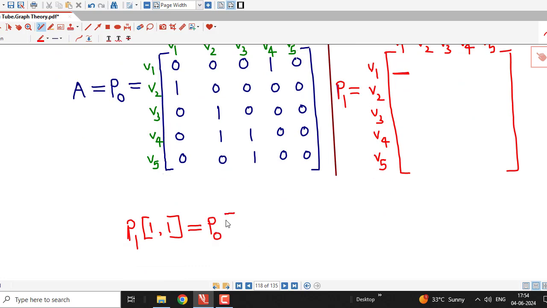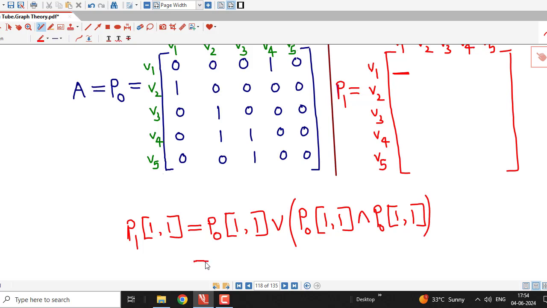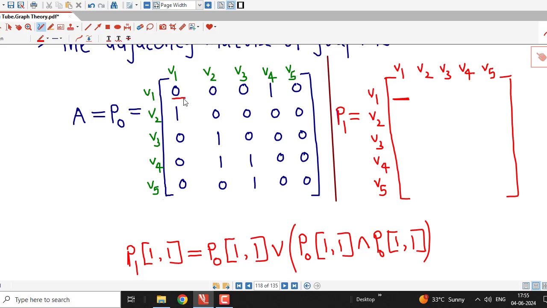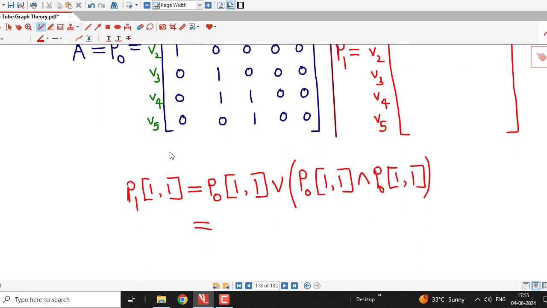Now what is P0 1 1? P0 1 1 means from V1 to V1, that is 0 here. So here we write 0, or here also we have P0 1 1 and P0 1 1, which is 0. So 0 and 0 is 0, and if we have 0 or 0, we have 0.